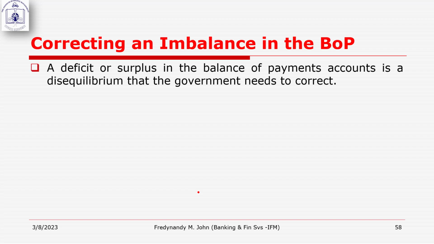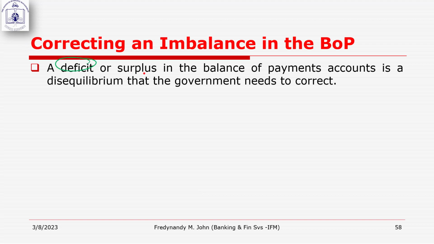Now we've seen that it may happen that the balance of payment is at equilibrium, but imbalance can also occur. Now in case of the imbalance, how do we deal with it? Either deficit or surplus, it is an imbalance. Why? Because it causes a disequilibrium.